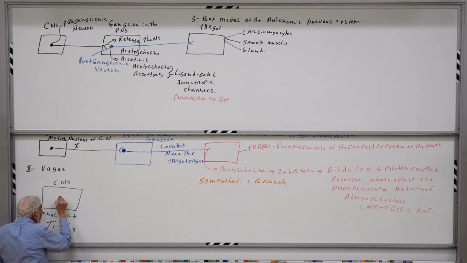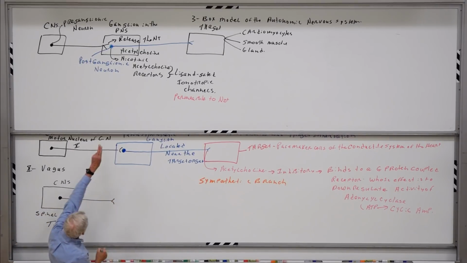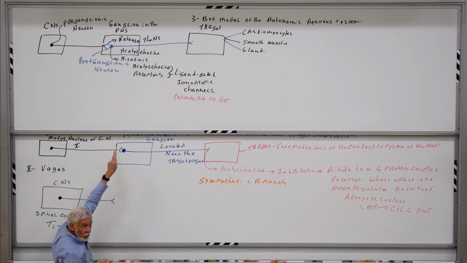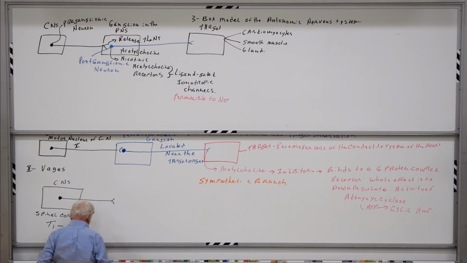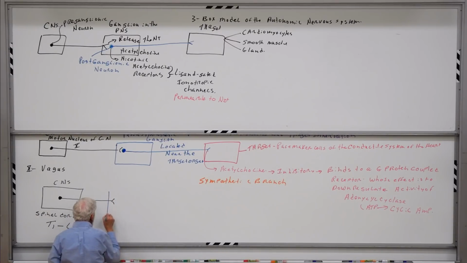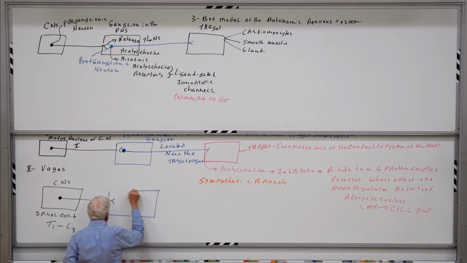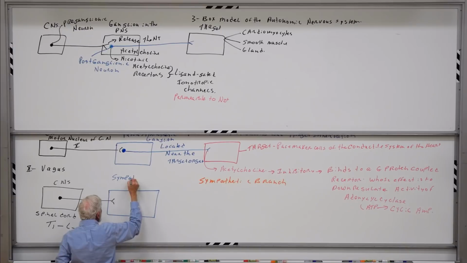Then this neuron, again, sends a process out of the periphery, because remember, we have to pertain to the upper generic structure. So the preganglionic neuron goes out into the periphery and synapses onto postganglionic neurons. Now, this is a sympathetic ganglion.